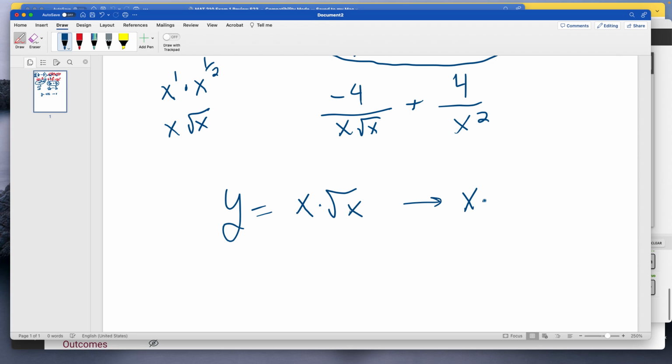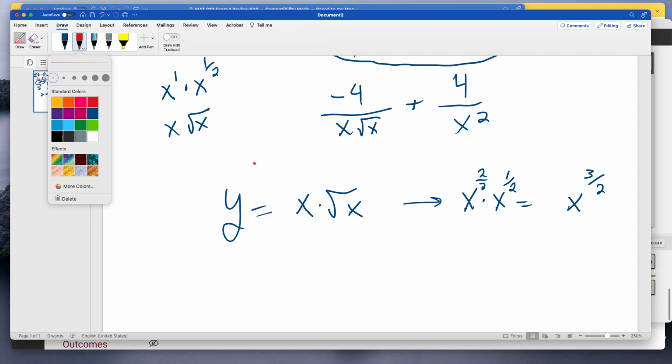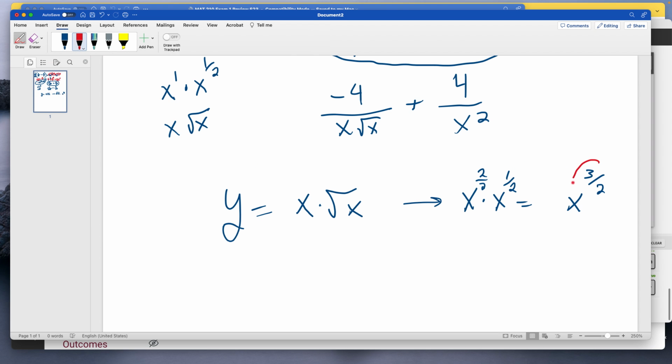And remember, this is x times x to the 1/2, which is x to the 3/2, right? This is 2 over 2, which is 1. You add the exponents, it's 3/2. So I think the simplest way to do it is to write it this way, bring this down, subtract 1, which is subtracting 2 over 2, right?